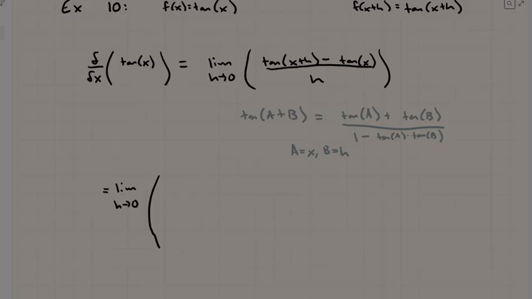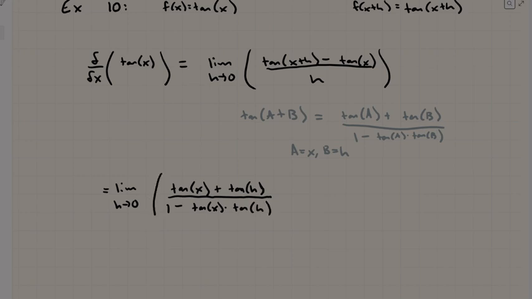So then what's this going to become? This tangent of x plus h is going to become tangent of x plus tangent of h divided by 1 minus tangent of x times tangent of h. Yeah, we just need 3. That's that, right?